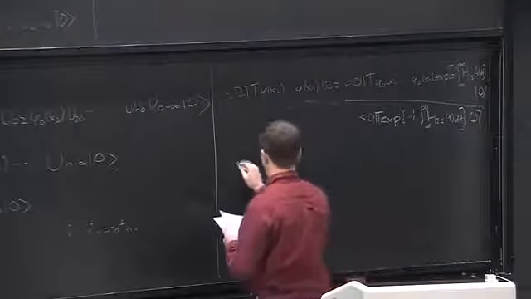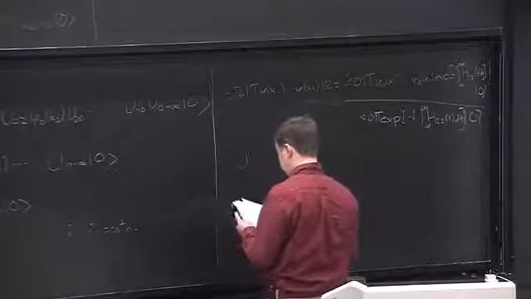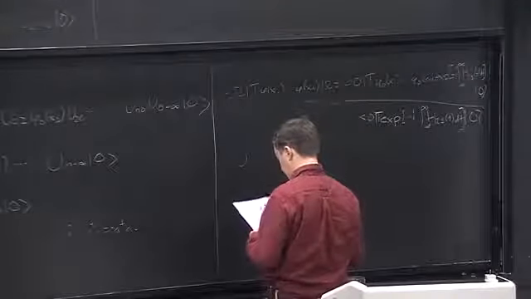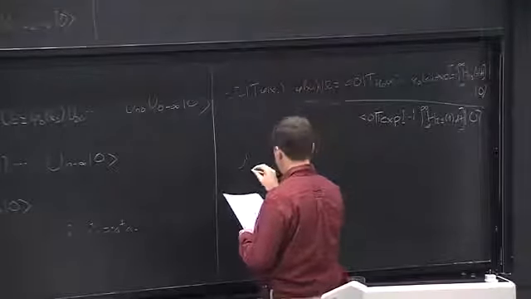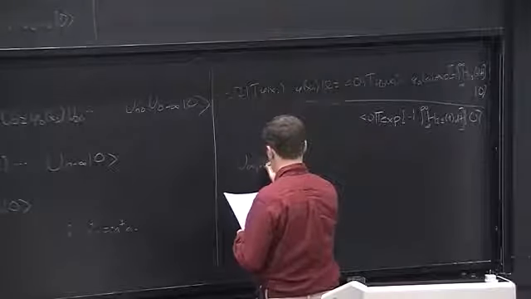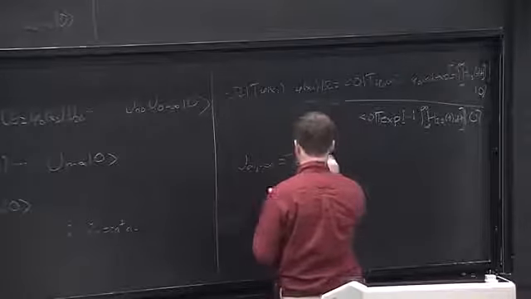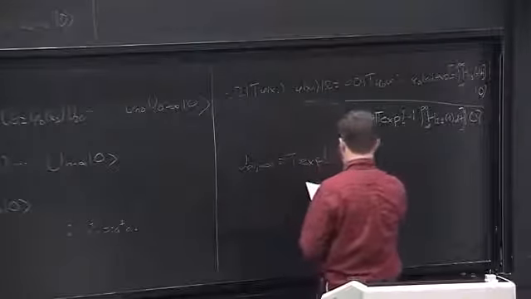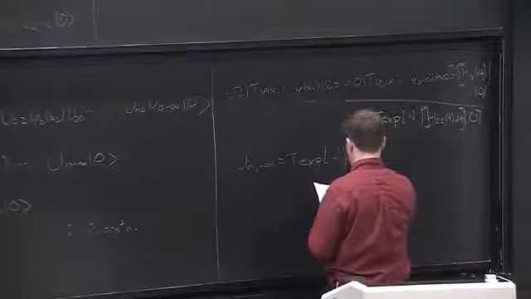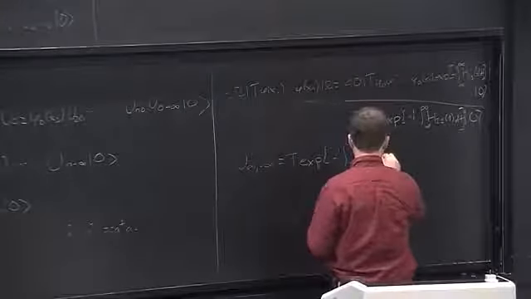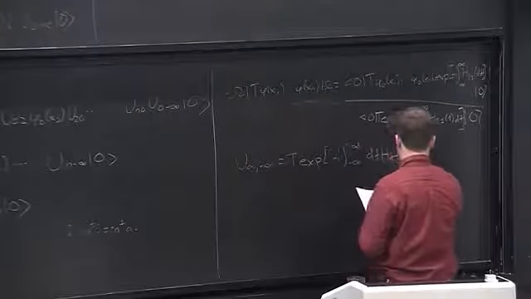So we know that this time evolution operator is T times the exponential of minus i times the integral of the interaction picture interaction Hamiltonian.